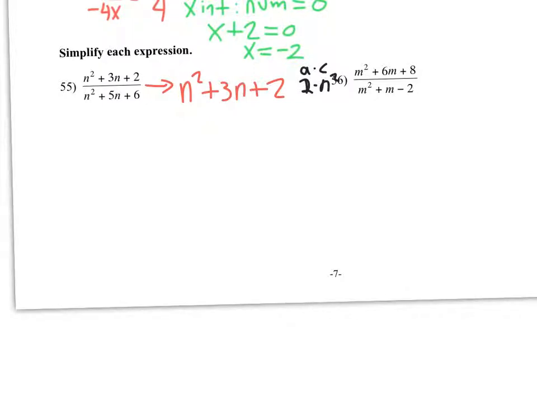And I'm looking for factors of 2n squared that will then add up to 3n. So we're going to multiply and add. Things that multiply to 2, pretty quickly we get 1 and 2. And since 1 times 2 is equal to 2, and 1 plus 2 is equal to 3, we're golden.